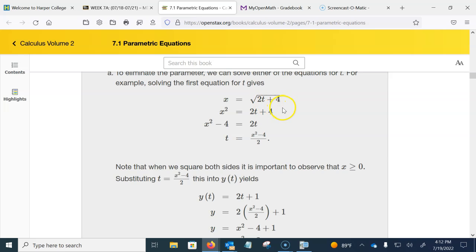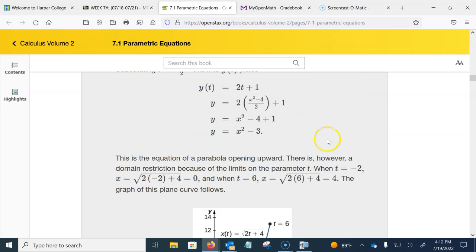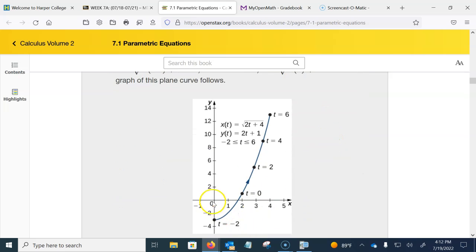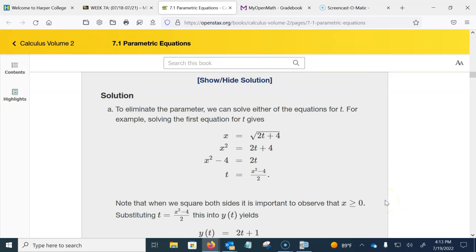Root 16 is 4. So this is going from 0 to 4 in our graph. So here we're only getting part of the parabola because our parameterization was from minus 2 for the t value to 6 for the t value, which corresponds to an x value of 0 to an x value of 4.